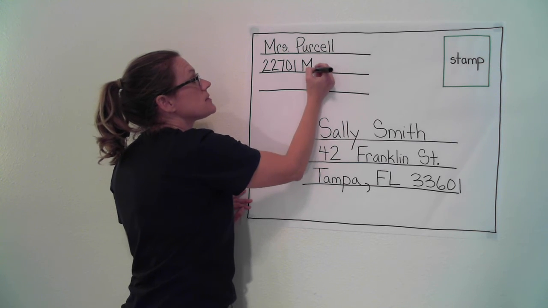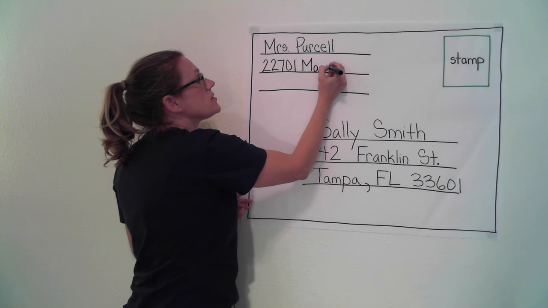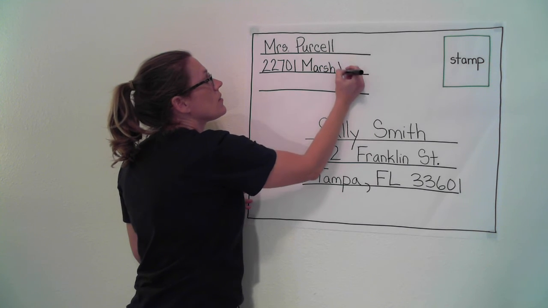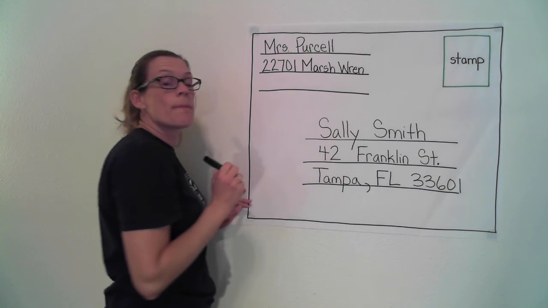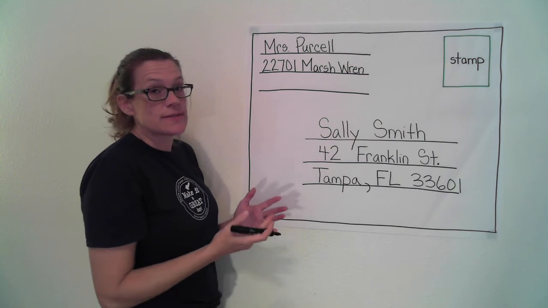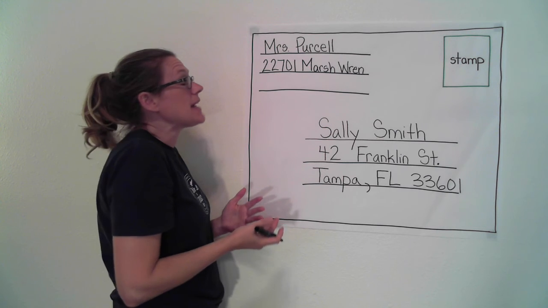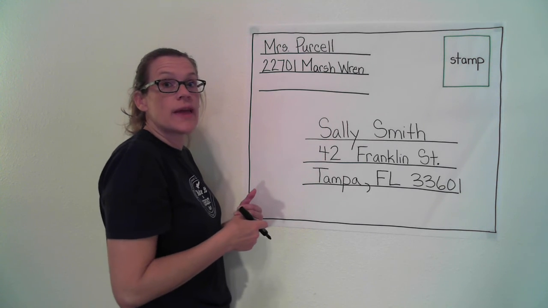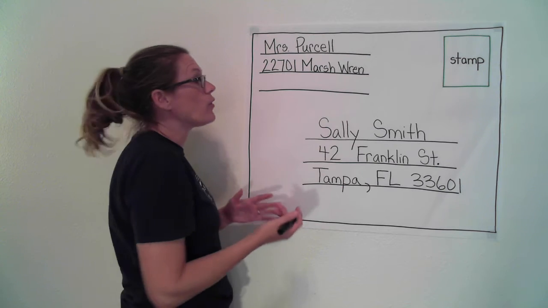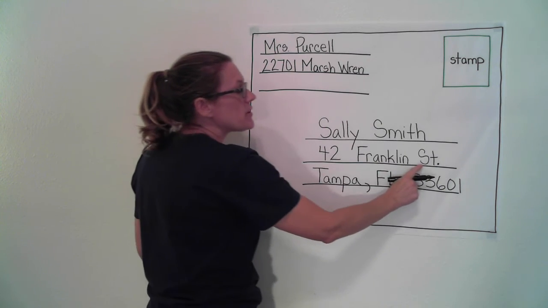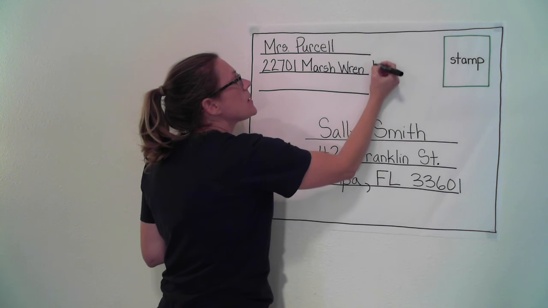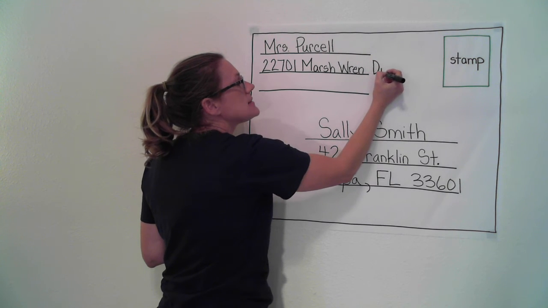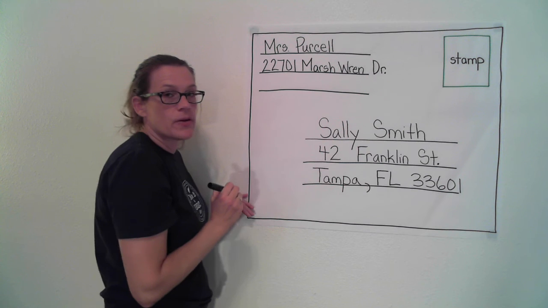And then my street, Marsh Ren. All right, and so my street is not called a street. My street is called a drive. And sometimes a street can be called a boulevard or road, but they're always given an abbreviation, just a shortened version. Okay, so drive, I will have an uppercase D and an R with a period.